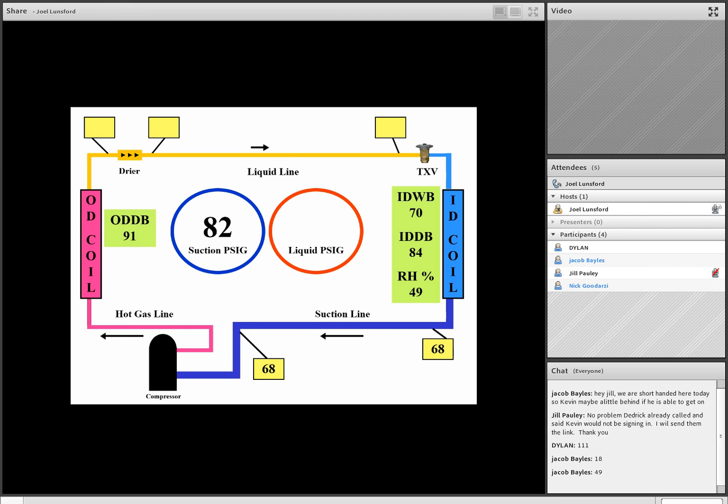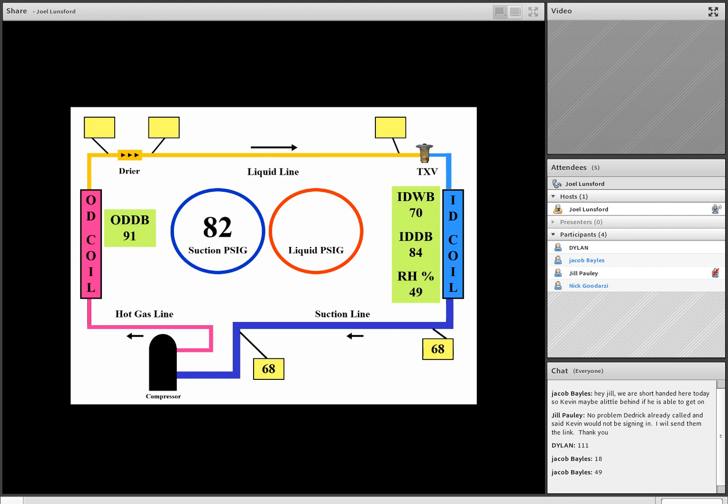Now, the physical temperature of the suction line leaving the evaporator coil is 68 degrees. And so the difference between 49 and 68 is about a 19-degree difference. Almost 20 degrees of difference. Now remember, team, on an expansion valve, our superheat should be between about 10 to 15, but in this example, the superheat is high.